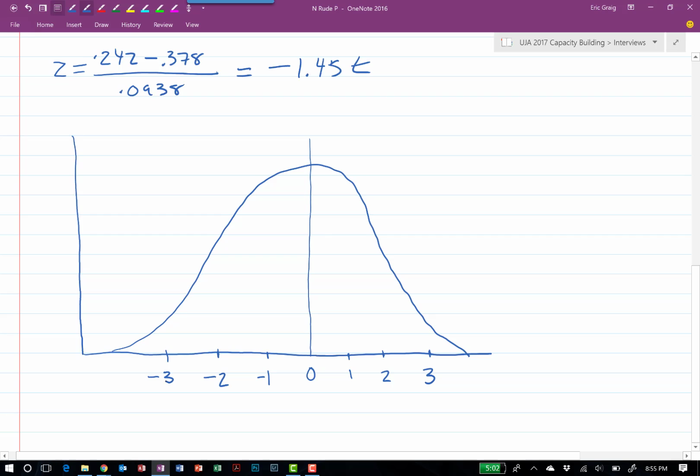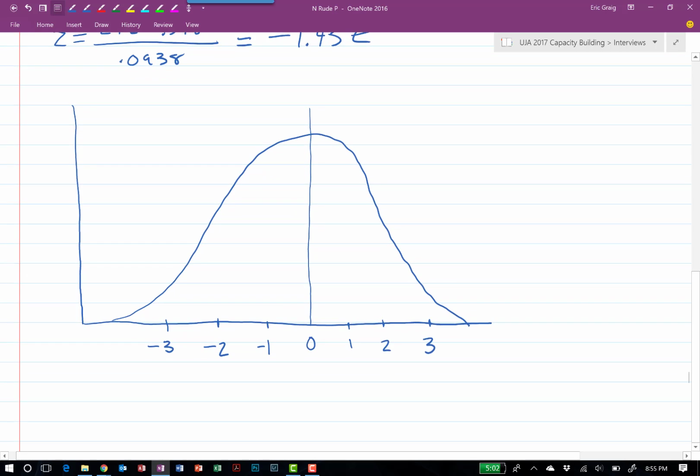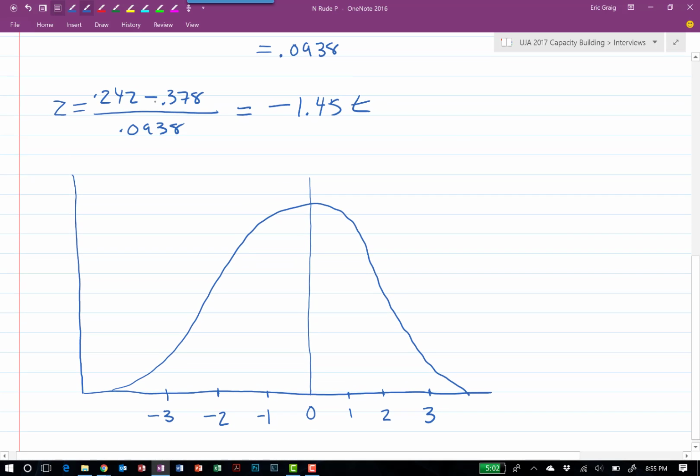Now we're interested, as we usually are in any kind of social science or even physical sciences problem, in finding out whether these differences, now expressed in standard deviation terms, are due to chance. What's the probability that these are due to chance?